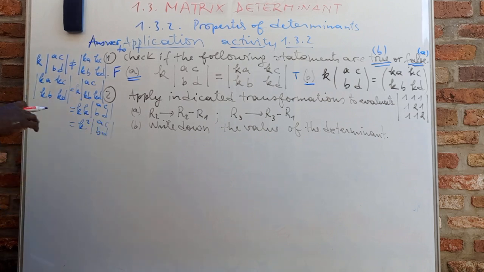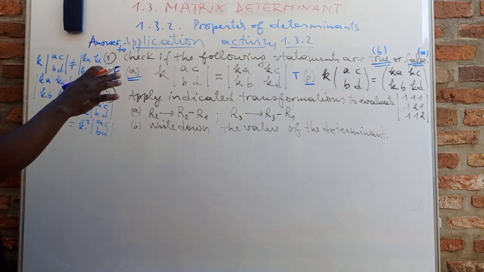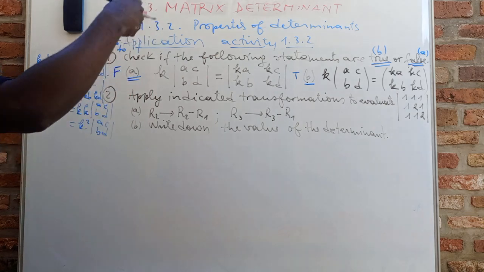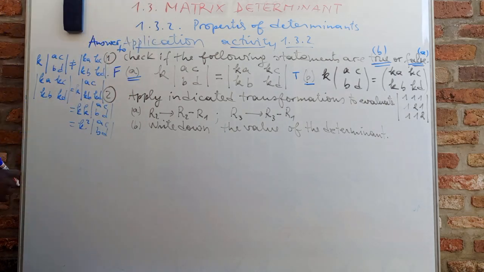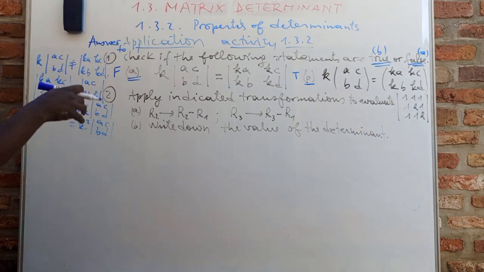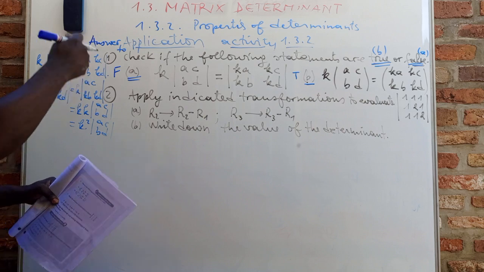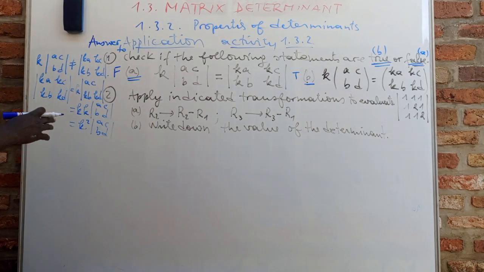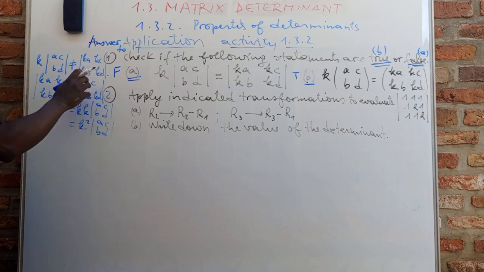This is a 2 by 2 matrix. If you had a 3 by 3 matrix with a scalar multiple on each coefficient, it would be k to the power 3, k to the order of the matrix, because you can factor out k that many times. Here we factor out k 2 times because the matrix has order 2.